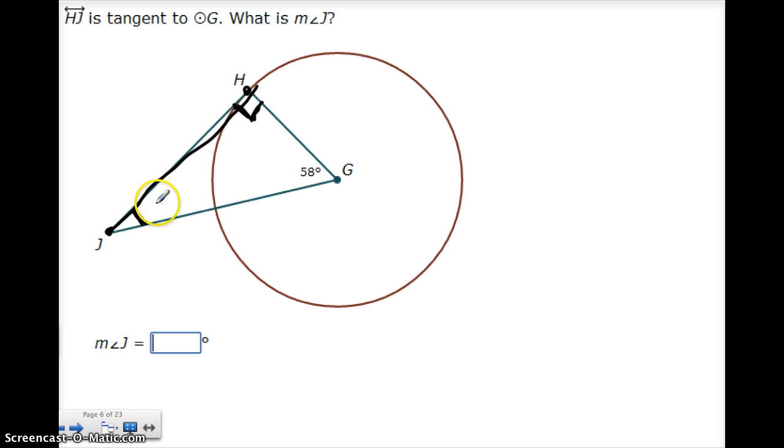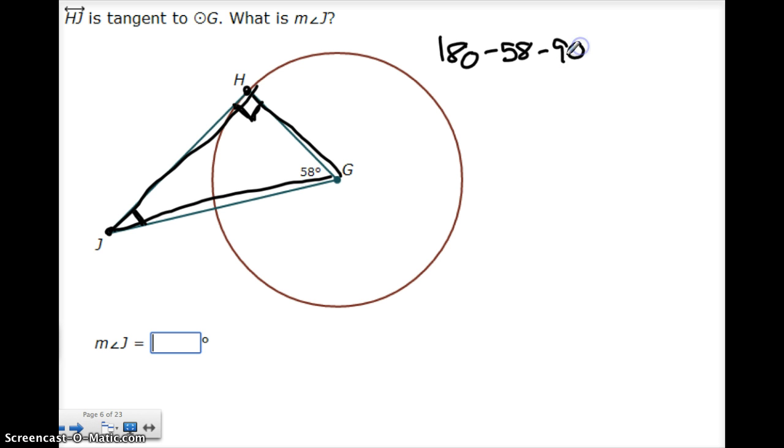Now, how's that going to help us solve for J? Well, since this is a triangle, I know that all three angles are going to add up to 180. So all I have to do to solve for this third angle is take 180 degrees, subtract 58 degrees from it, and subtract the 90 degrees.